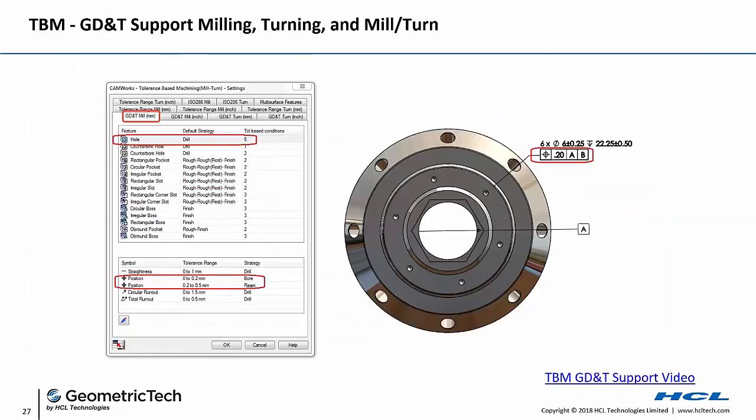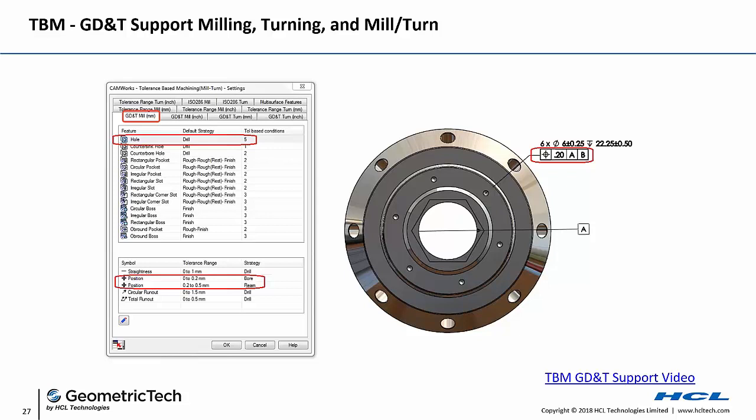Also, and this is a big one, geometric dimensioning and tolerancing, or GD&T, has also been added to tolerance-based machining, and this is another great step forward. You can see where tolerance-based machining is now able to read the GD&T symbols, look at the tolerance that's been set, and select particular strategies based on those settings.